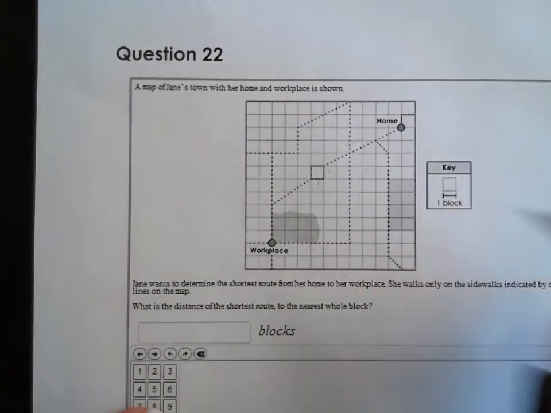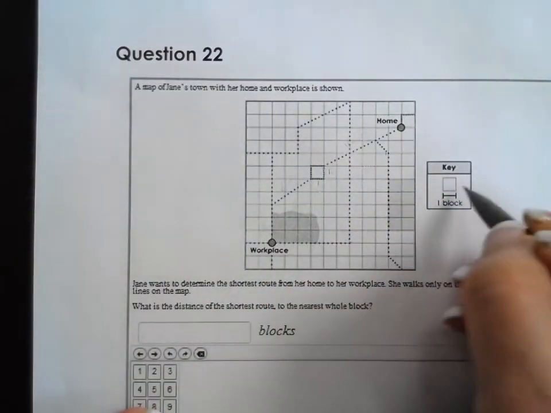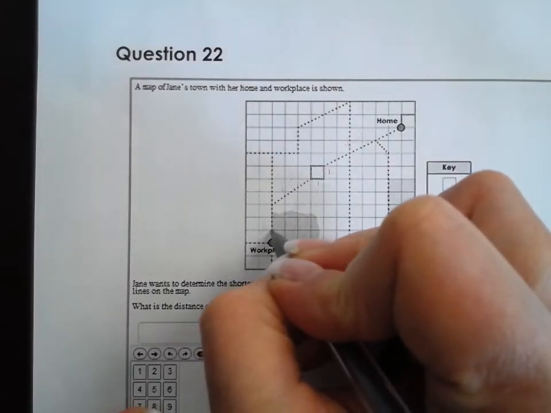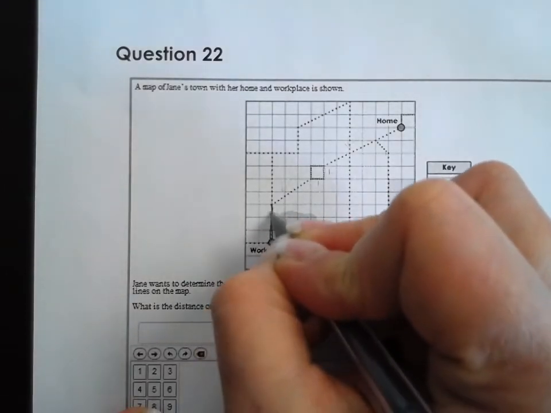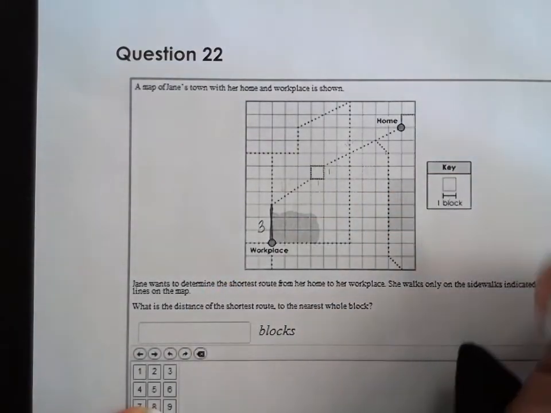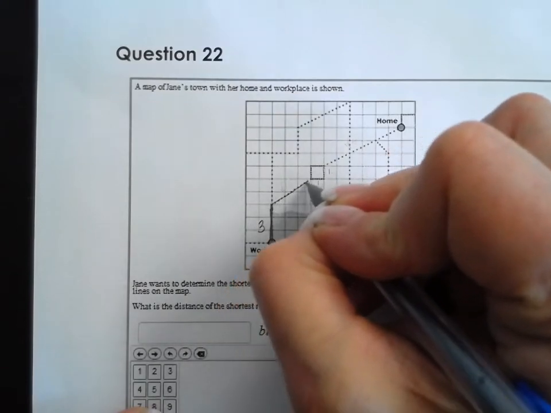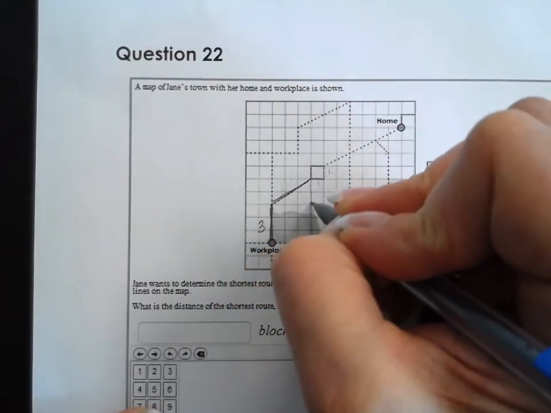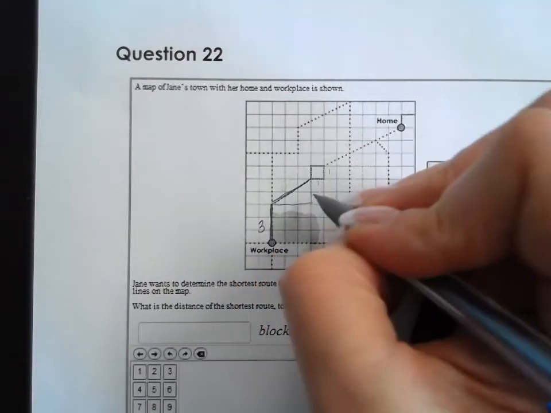Okay, so let's count. One block is each square. So I go 1, 2, this part is 3 blocks right there. Now to get this part right here, I'm going to do the Pythagorean theorem.